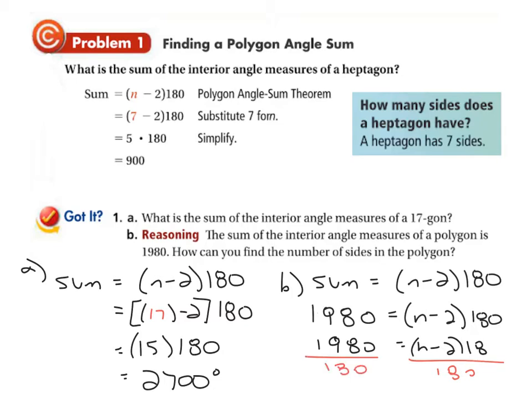And what you get is 11. 11 equals n minus 2, and when we add 2 to both sides, you get 13 is the number of sides. Okay, that's running out of space there, but that's how you do it. So if you know what the sum is, you can put it in the spot where the sum goes, like I did here, and then you can undo it in order to find out what n is. In this case, it's 13.